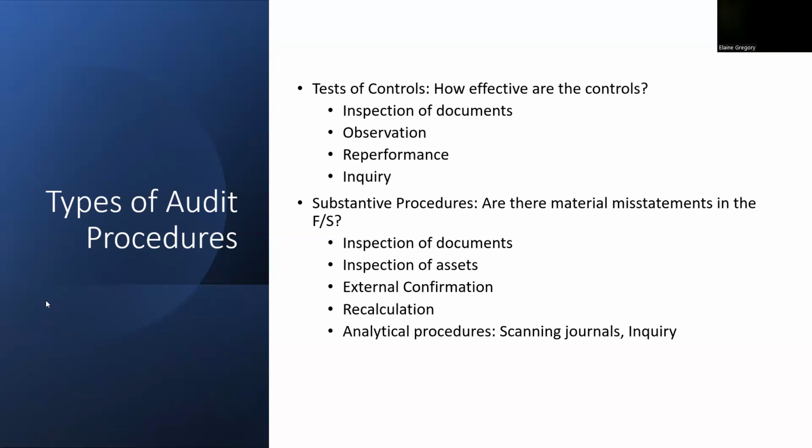We can do recalculations. Sometimes we re-add up the inventory list if they give us a list on an Excel spreadsheet to make sure that their spreadsheet and the financial statements match. And we can do different types of analytical procedures, including scanning, looking at the journals, and doing some inquiry.